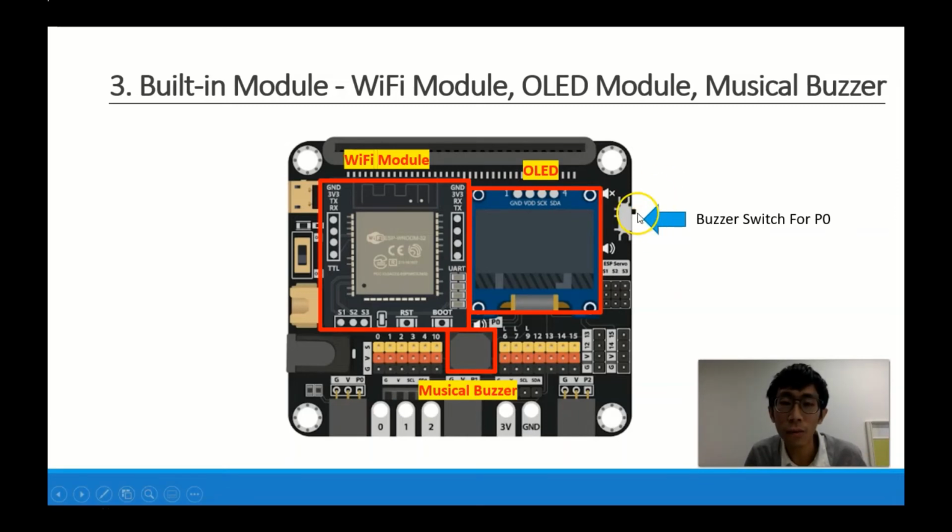And if you want to use the musical buzzer, then you can switch it on. So you know the power, the socket, the edge connector for micro:bit, Wi-Fi module, OLED, and musical buzzer with the buzzer switch.